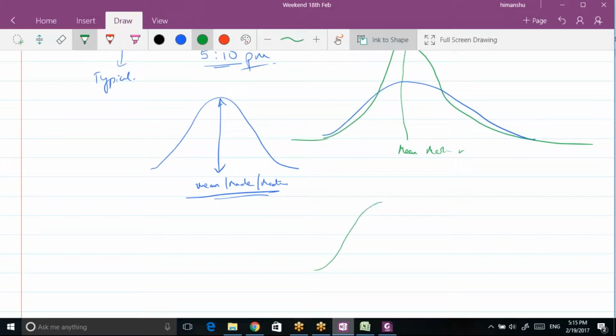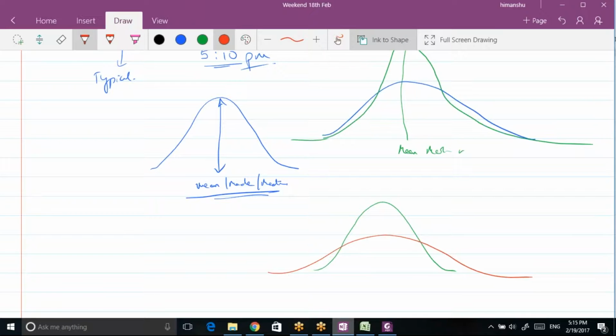Yeah, can you hear me? Yeah, now yes. Green is kind of similar to equal distribution. What is equal distribution? I mean, the frequency is parabolic actually. No, see, both are normal only.